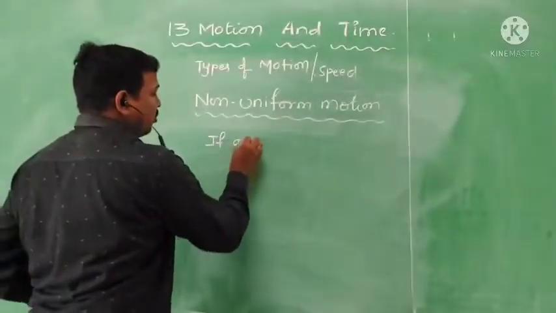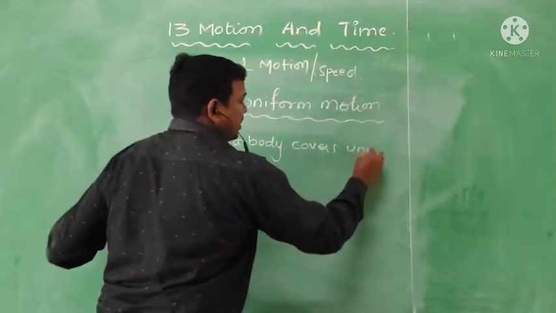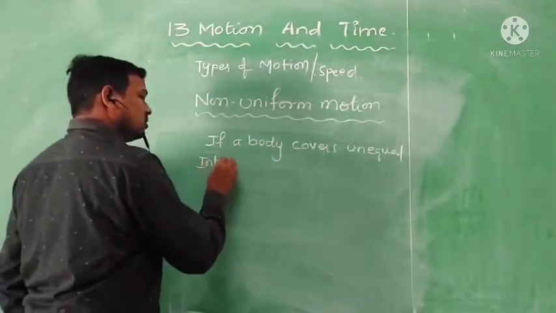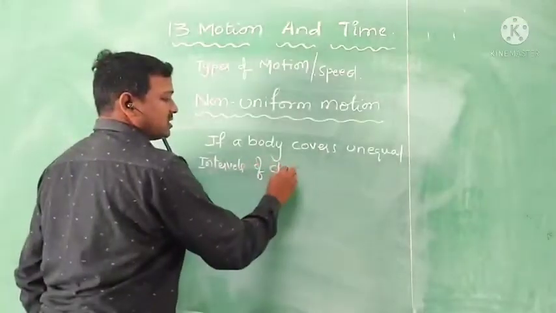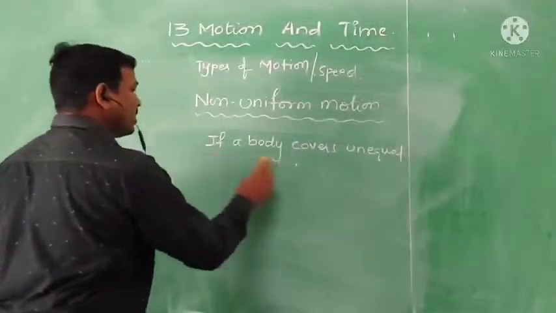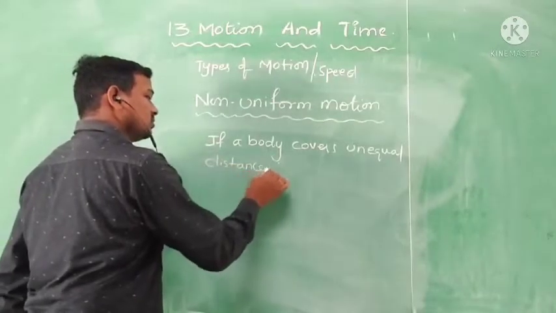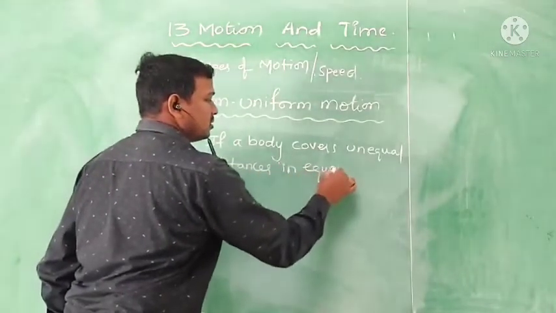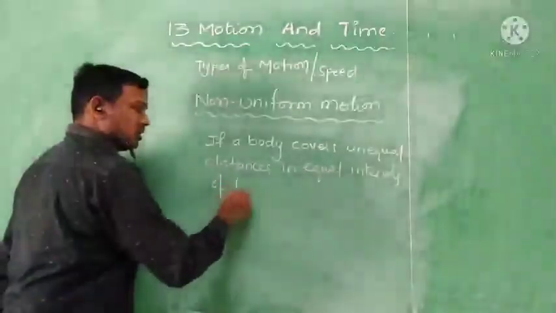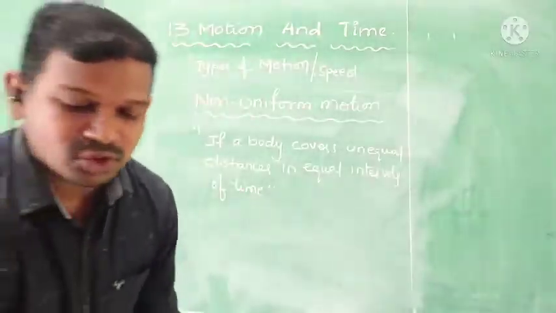If a body covers unequal distances in equal intervals of time. Okay children, this is about non-uniform motion.